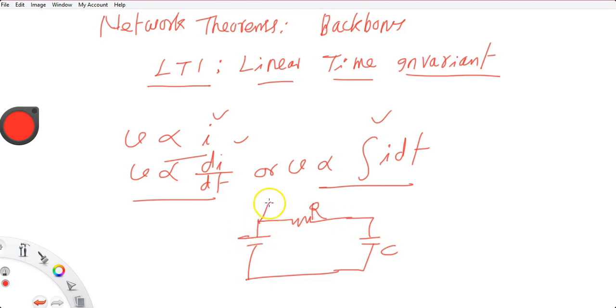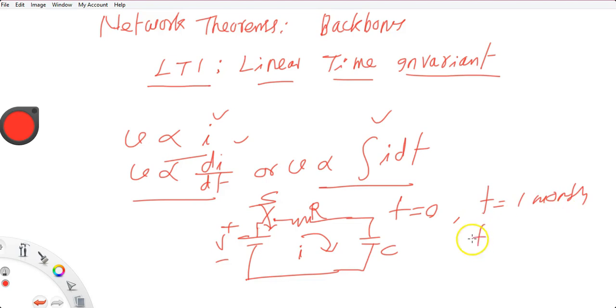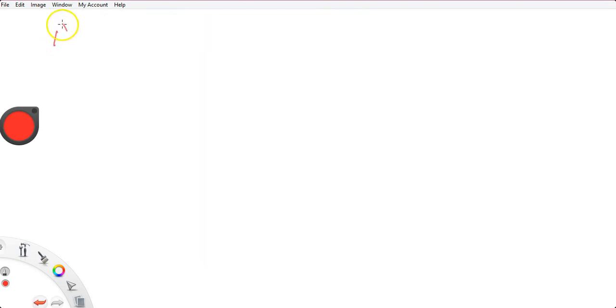Let's say you have a switch here. This is the voltage. The nature of the current will remain unchanged when this switch is closed, whether you close the switch just now, or after 1 month, or after 1 year. First, we'll discuss the superposition theorem.